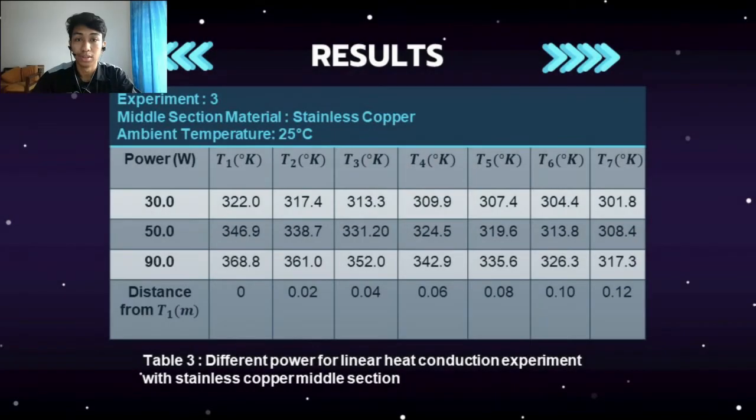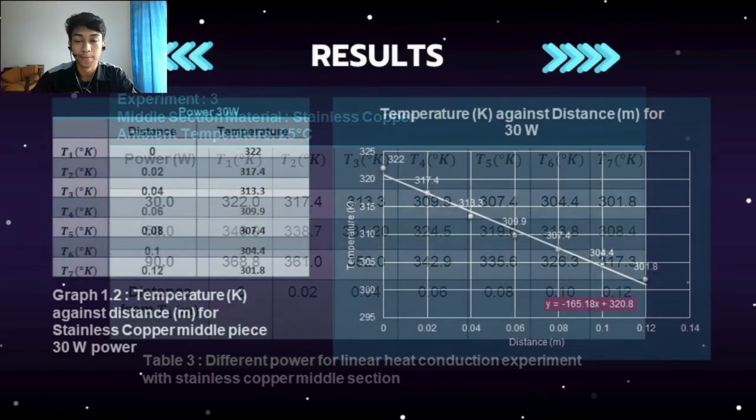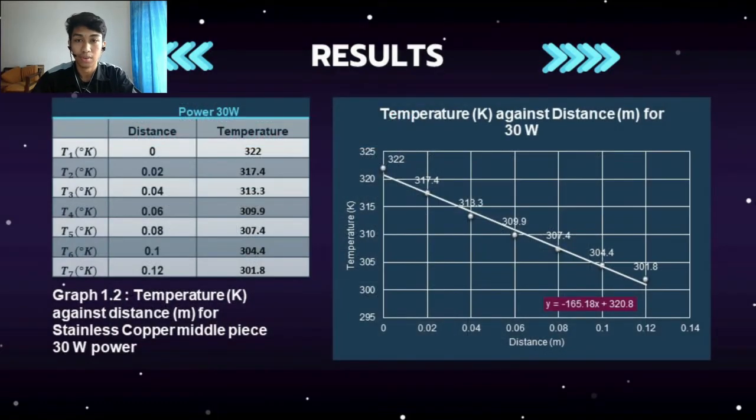Hello, Assalamualaikum. My name is Muhamad bin Razak, and I will explain our linear heat conduction experiment results with stainless copper as the middle section. This table shows the result that we gained from the experiment. This is the graph of temperature against distance for stainless copper when we set the power to 30 watt.